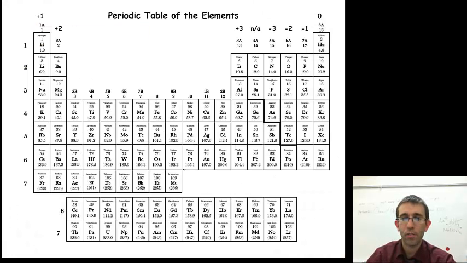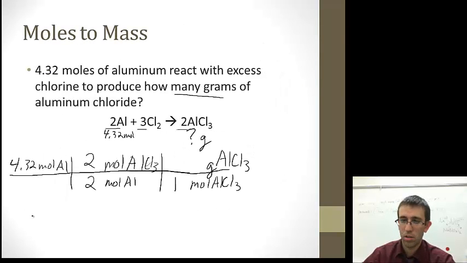So we find aluminum is 27.0. All right, and the chlorine here is 35.5. So aluminum was 27.0. Chlorine is 35.5.